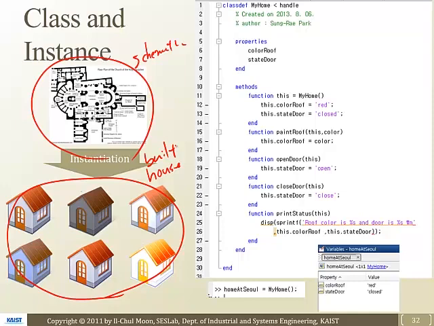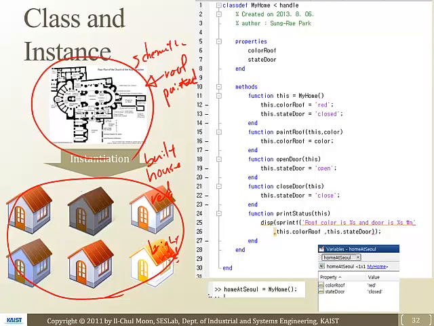For instance, if the schematic says the roof can be painted, the actual building has a painted roof, like bright red or something like that.